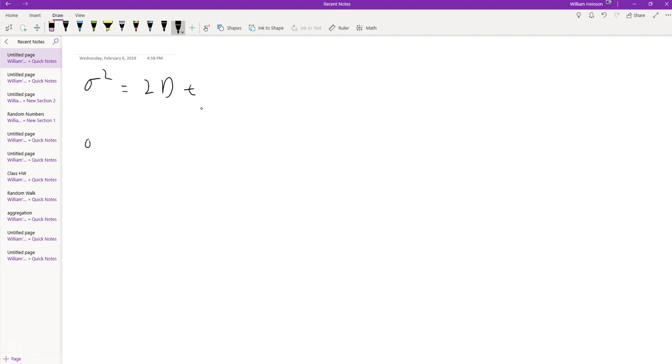Also, the variance is defined as the integral of x to the n times p(x) dx.